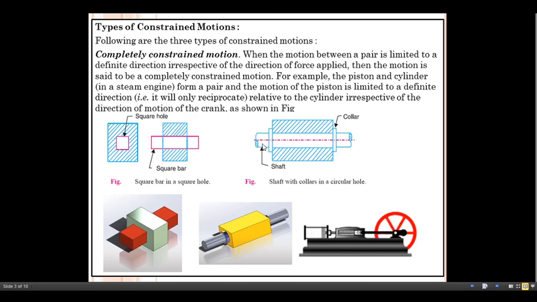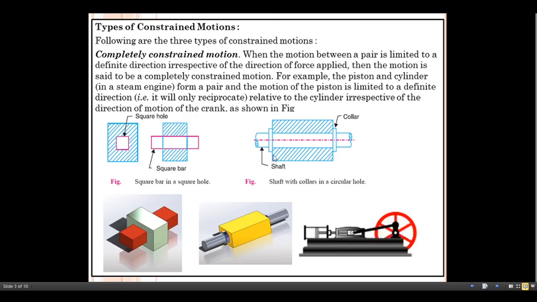when the restrictions are given for the motion of this shaft in the horizontal direction, meaning the movement along the x-axis, towards the right side or left side is locked because of this collar. This collar is clearly visible here.